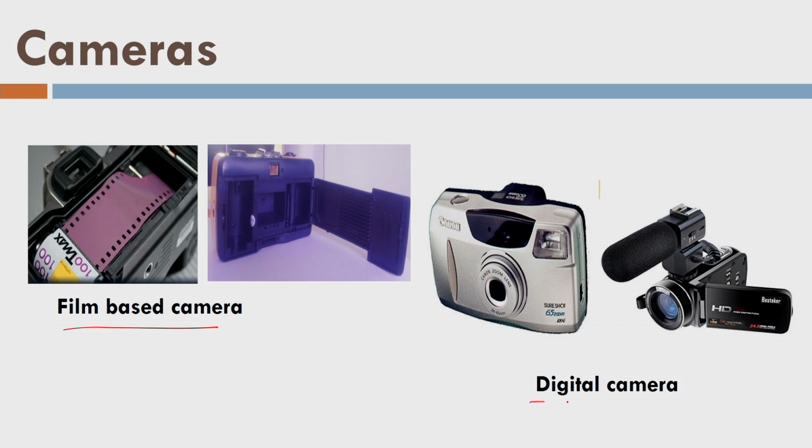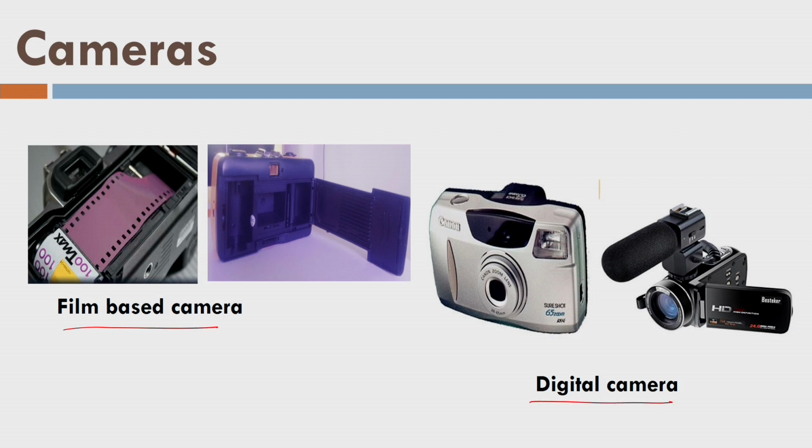Okay, so let us go ahead. After the discussion on the various phases of development of photogrammetry, the early stages, then analog, then analytical, then digital photogrammetry, let us talk about the cameras. In general we have two types of cameras, as we already mentioned a few minutes back: film based cameras and digital cameras.